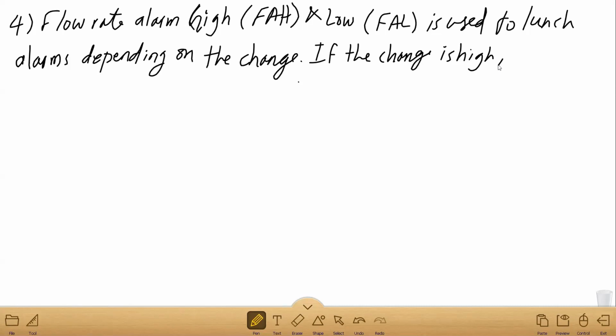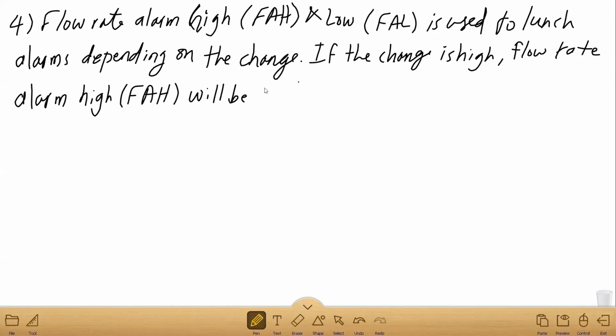So flow rate along flow around one. Just to find the step, we have a low alarm, and low flow rate alarm, low FAL, will be blocked.